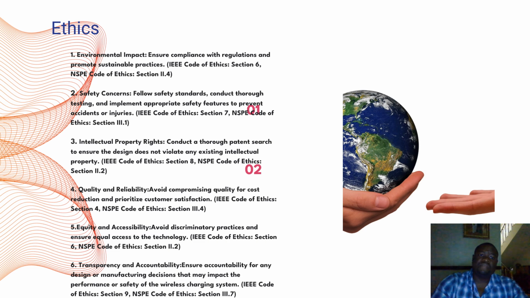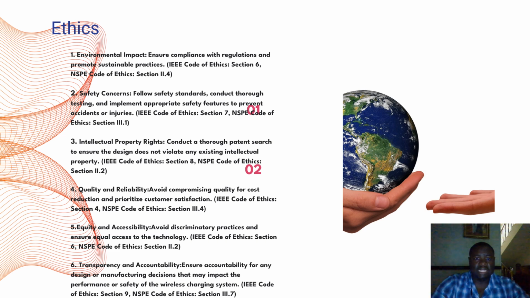So we have to consider the environmental impact, ensure compliance with regulations, and promote sustainable practice, according to the IEEE Code of Ethics Section 6 and the NSPE Code of Ethics Section 2.4.